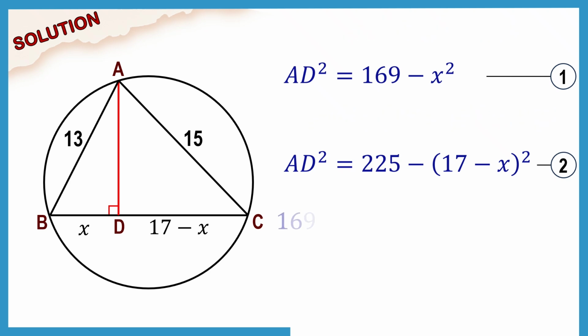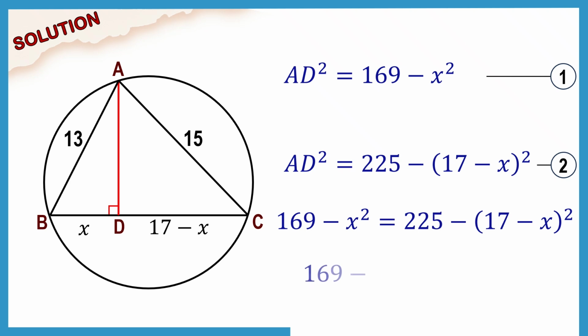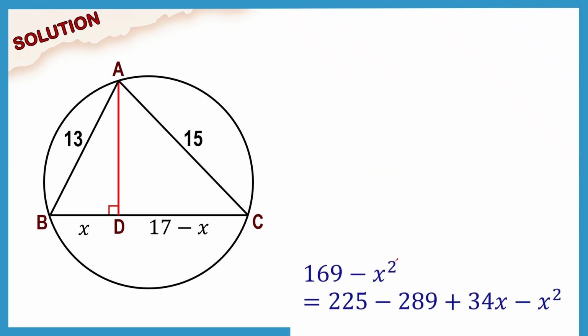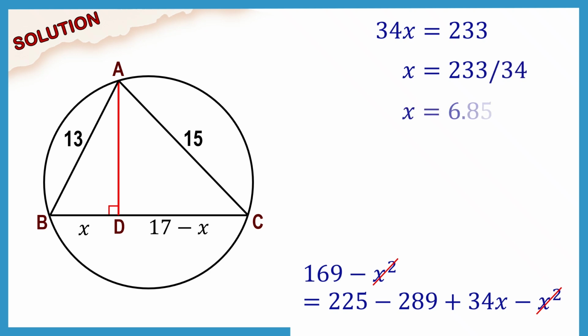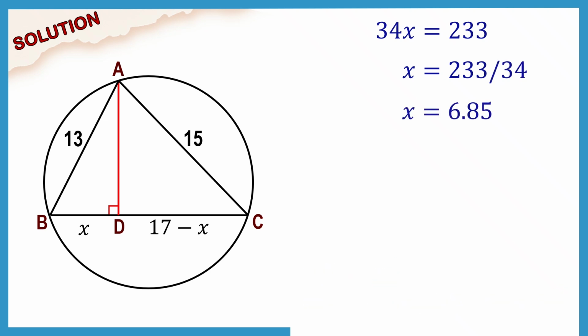From equations 1 and 2, we have found BD. BD is approximately 6.85 units. Now, let's find AD using Pythagoras again.